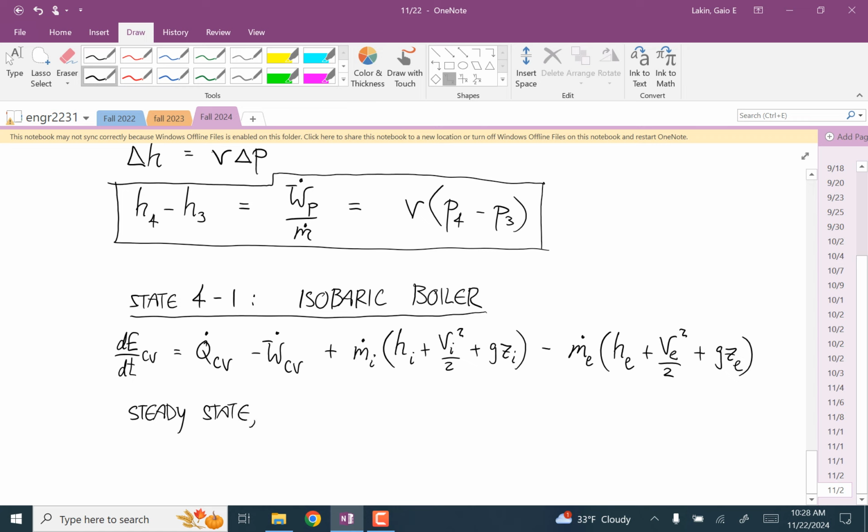The boiler, is that going to have, so in each of these, we've had either the rate of heat transfer or the rate of work transfer equal to 0. Which one is it going to be for the boiler? Work, right? So W dot is equal to 0. And change in potential energy is 0. Change in kinetic energy is 0.